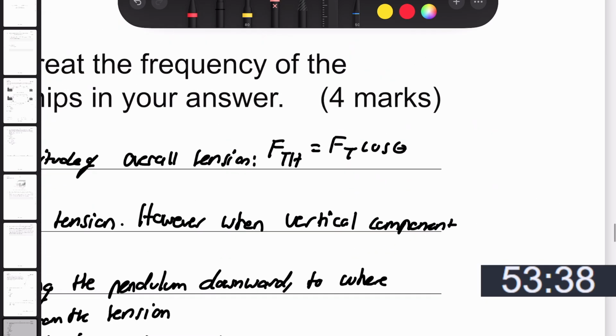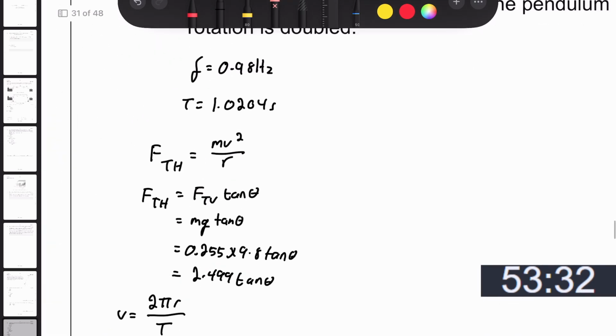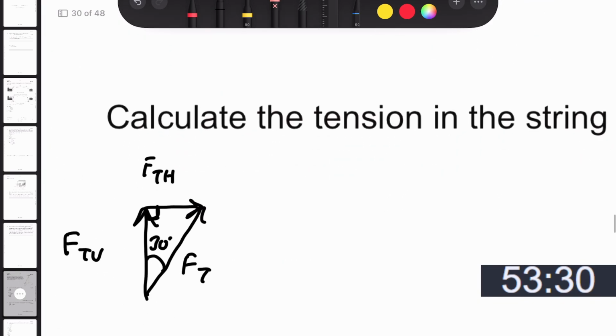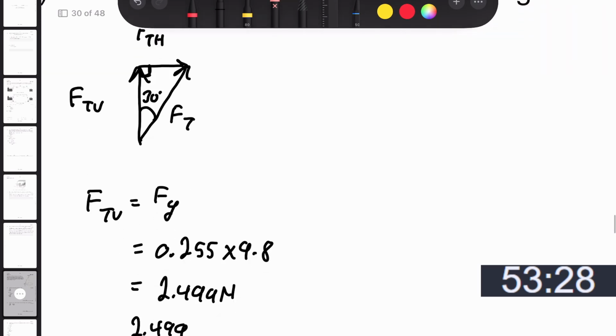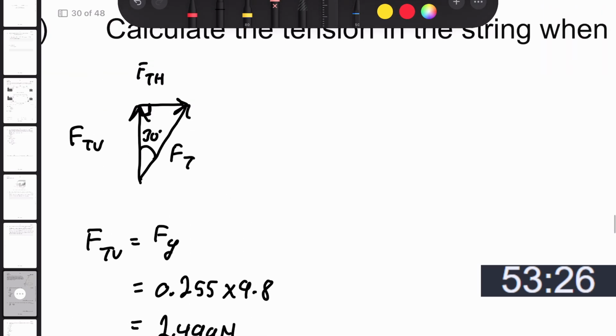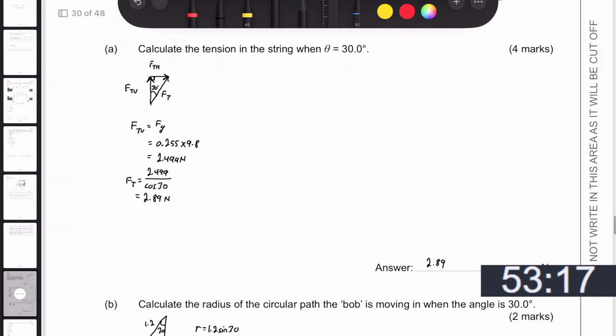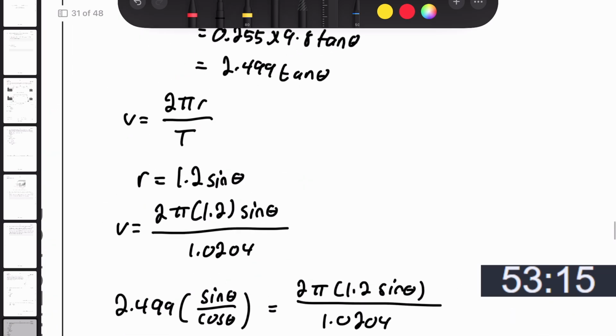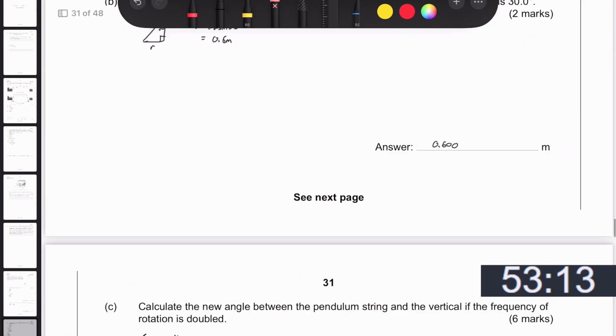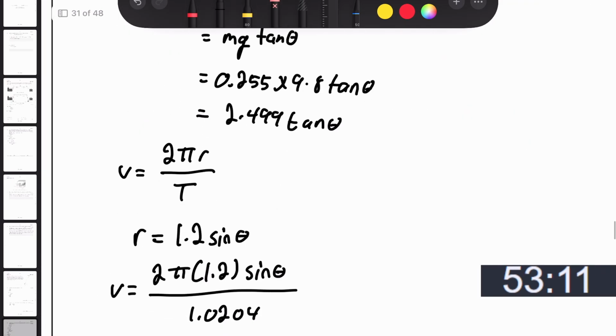Oh wait, no, this is sine of theta. Wait, did I get this right then? Tangent. Yeah, that's right. And here, did I get it right? 1.2 sine, yes, because it's the opposite.